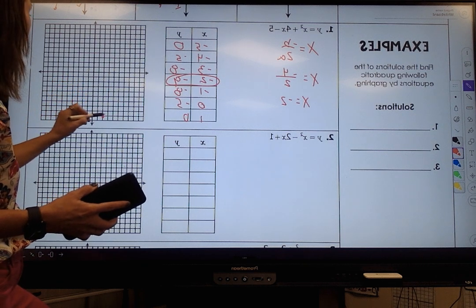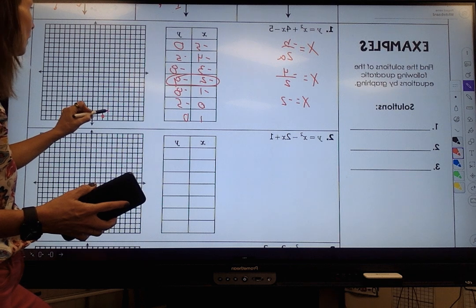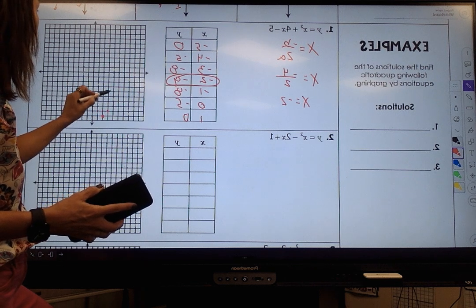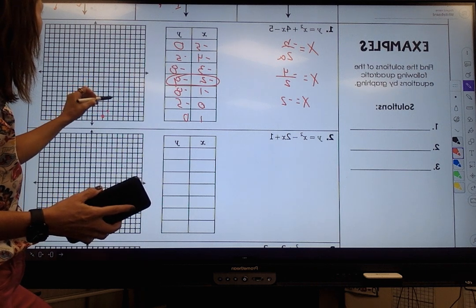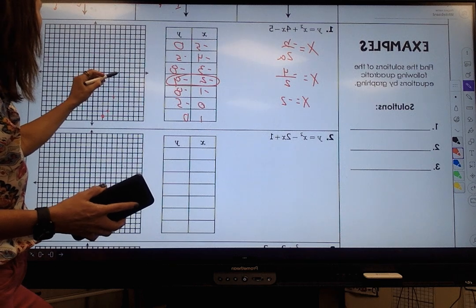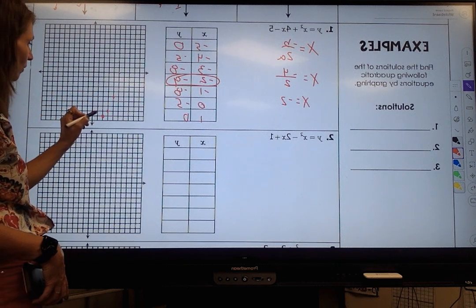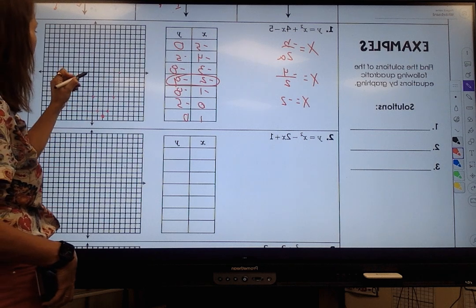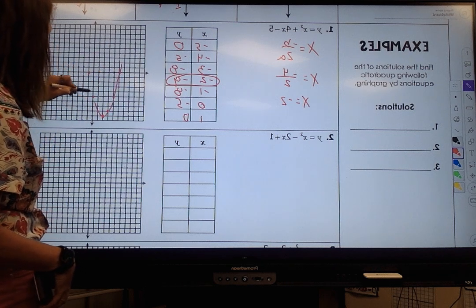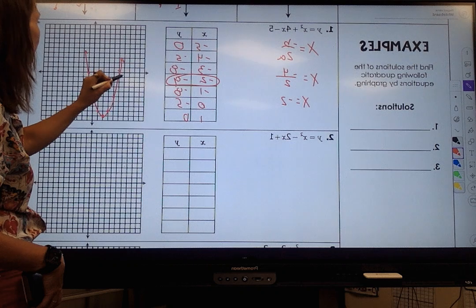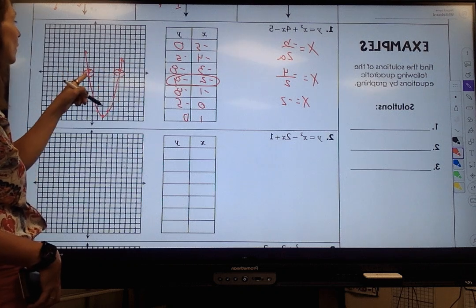And then I'm going to go negative 3, negative 4, negative 5, 2, 3, 5, negative 5, 0. Because of that axis of symmetry, I can just go here, here, and here. Here's my graph, and look, there's a solution and there's a solution.